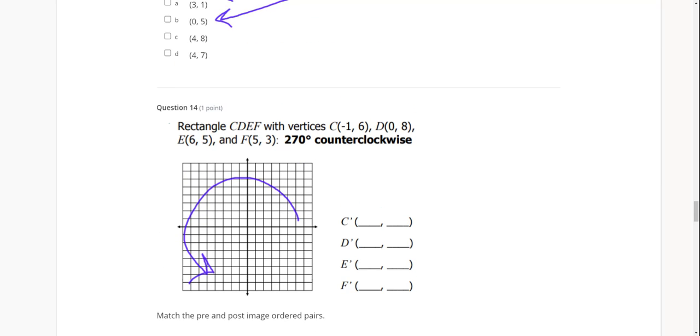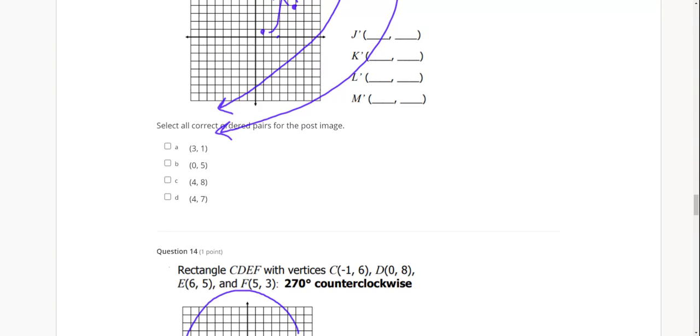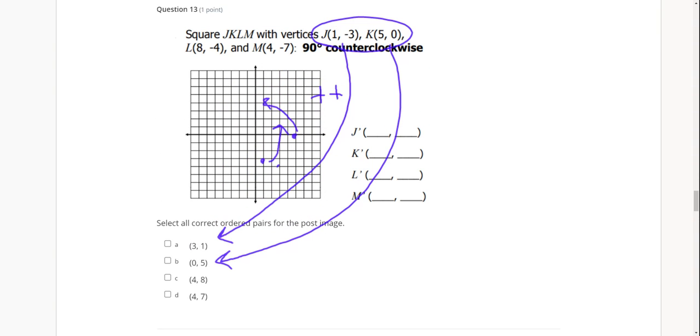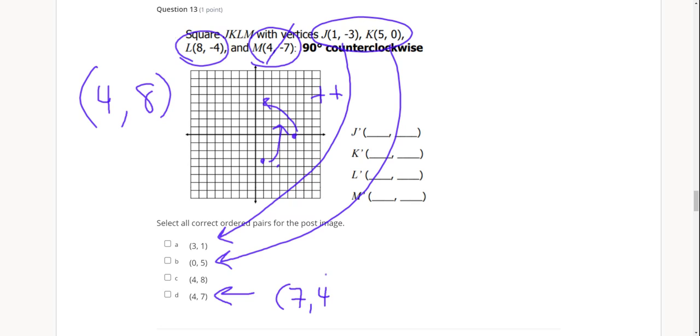Wait, I have a question. Okay. So for number 13, it went before 8? It is going to be 4, 8. Because these guys switch to 4, 8. It shouldn't be this one because this point should be 7, 4.